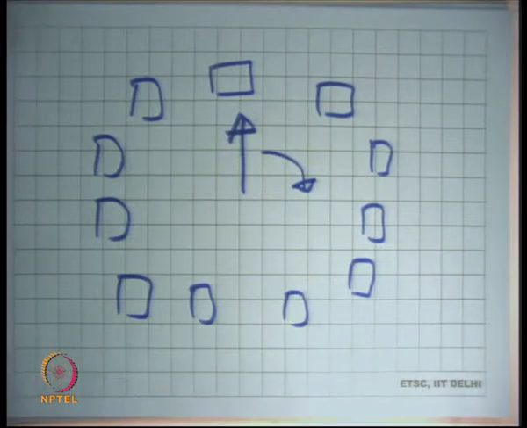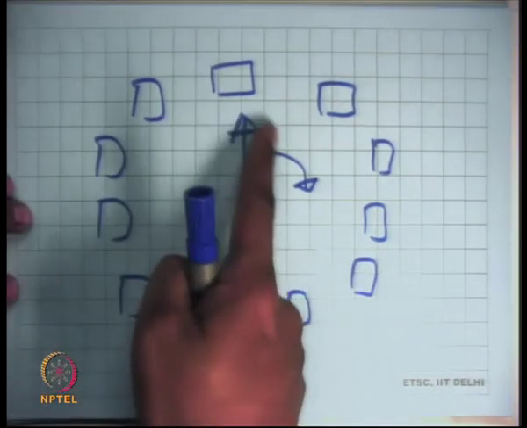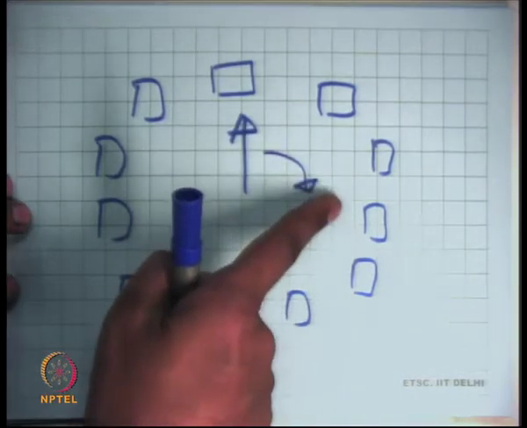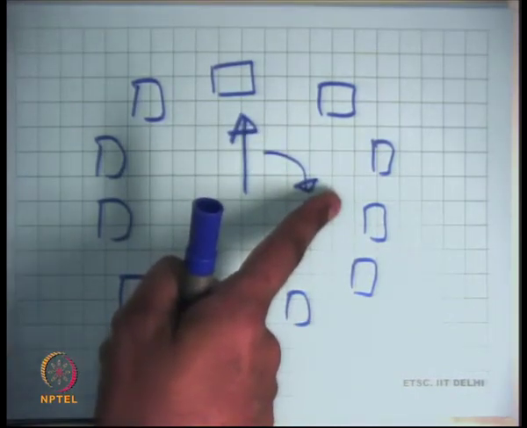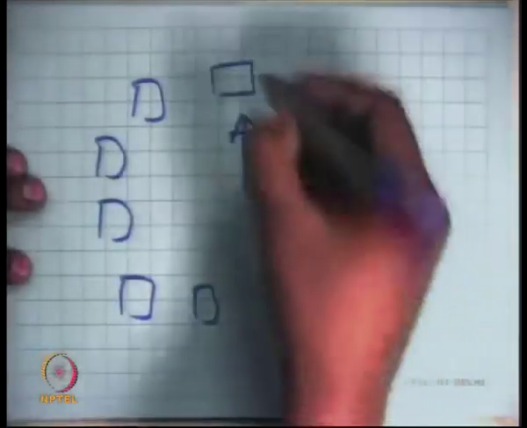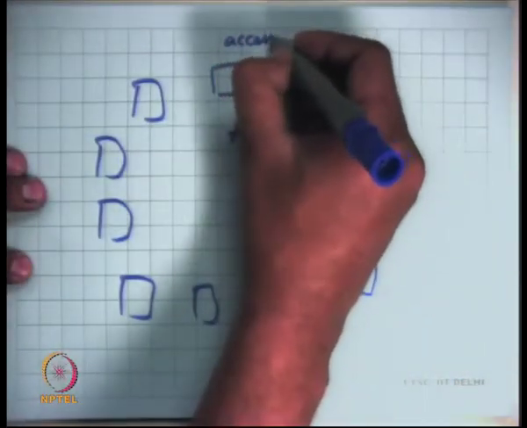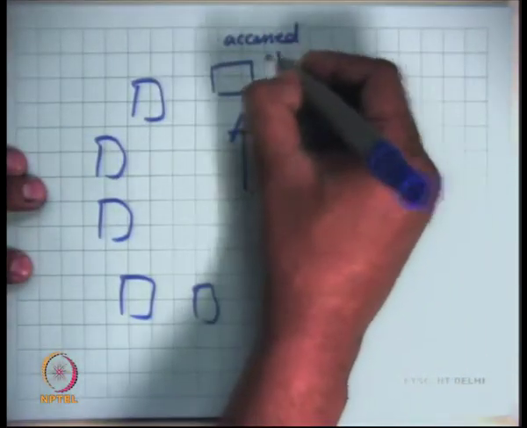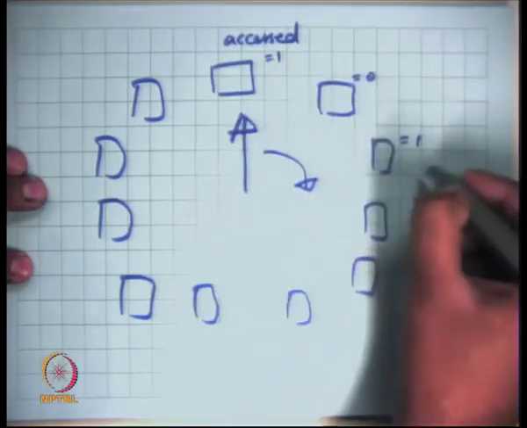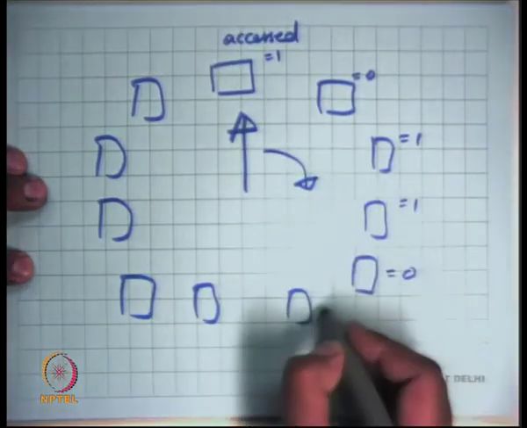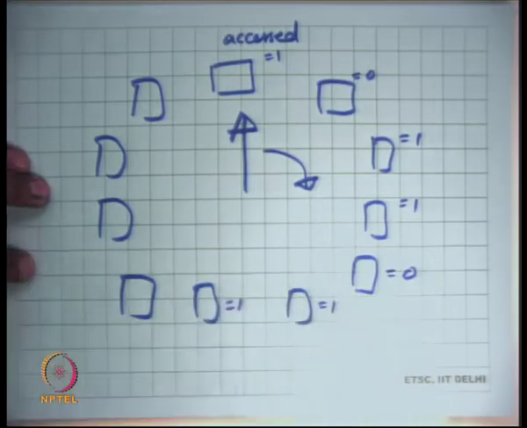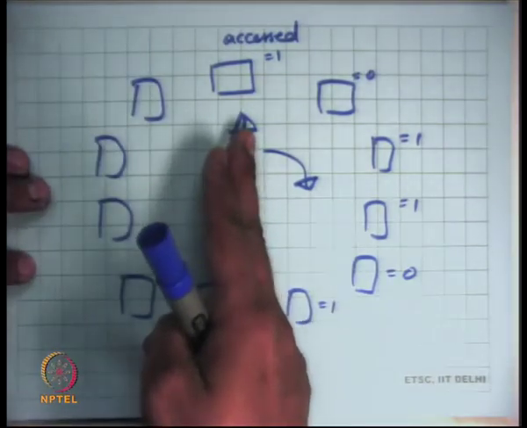Let us say you want to replace a page, you just move the hand till you find a page that has access bit equal to 0. So each of these pages has an access bit equal to 1, 0, 1, 1, 0, 1, and so on, let us say.